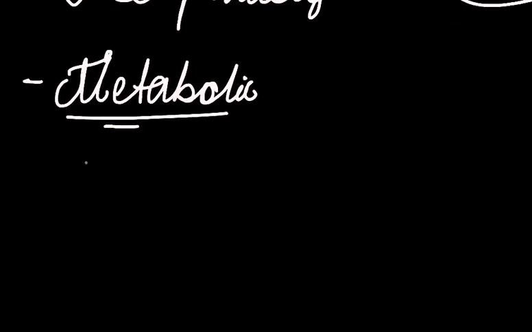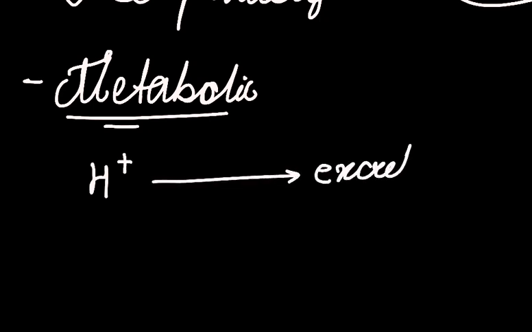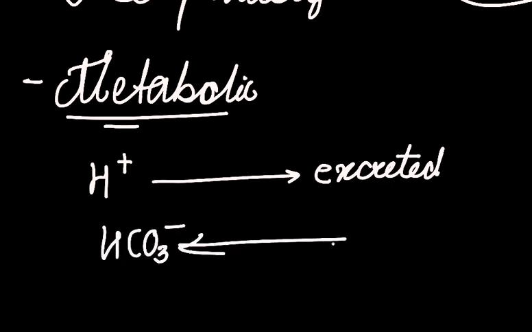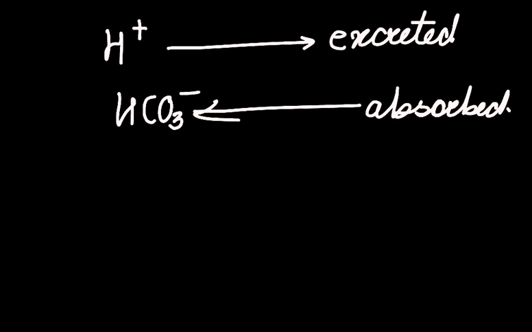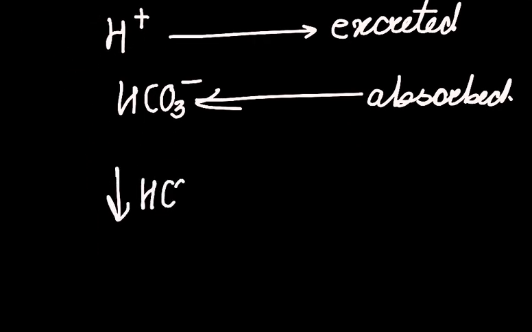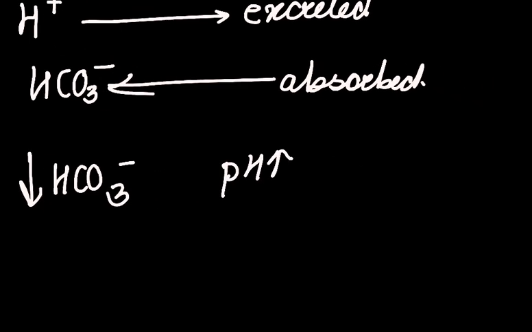The H plus is excreted out a lot, or HCO3 minus is absorbed a lot. In both of these cases, metabolic alkalosis occurs. So in this case, you will observe that HCO3 minus has increased, pH has increased, and if there is compensation, then CO2 would increase.